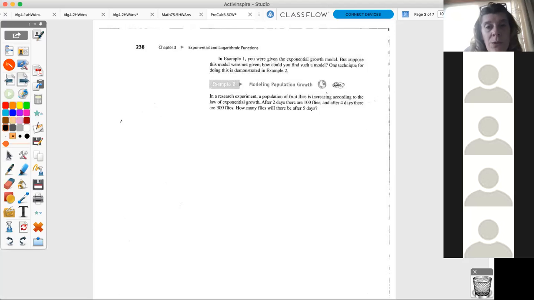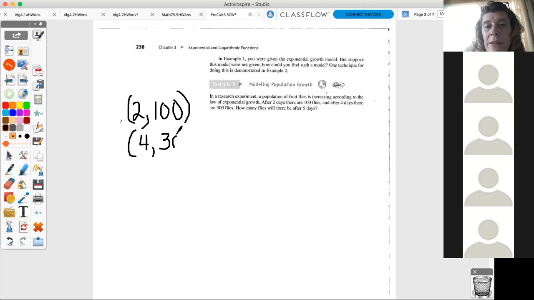Okay, so here's what we know. We have an ordered pair 2, 100. We also have another ordered pair, which is 4, 300. This is not a linear pattern, so we're not going to use y equals mx plus b and solve for the slope and the y-intercept and then use that information.